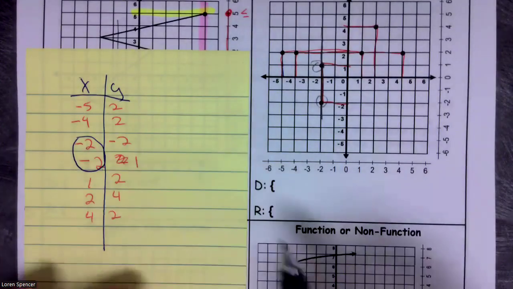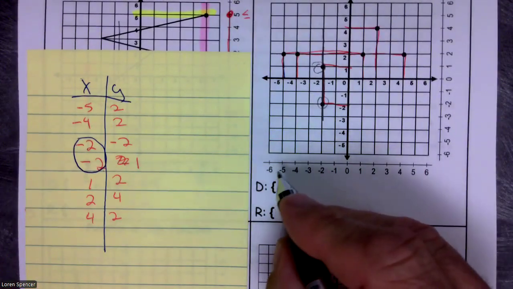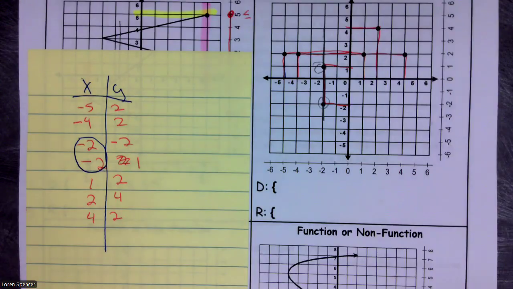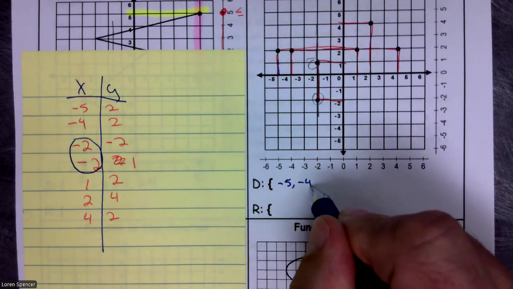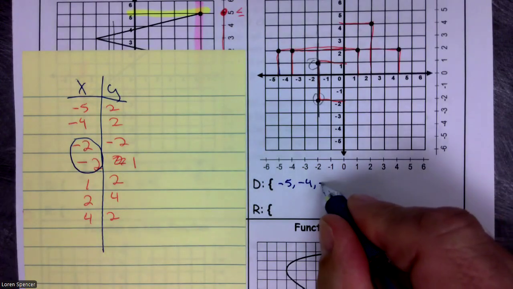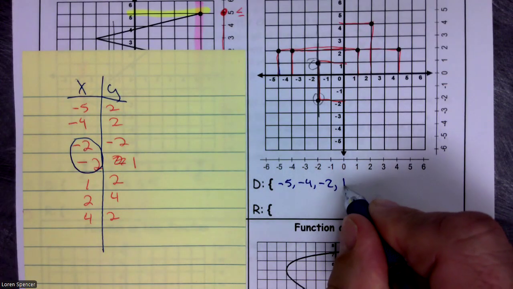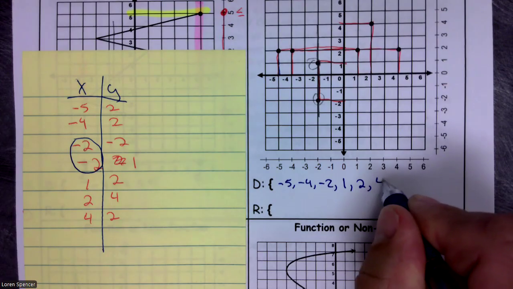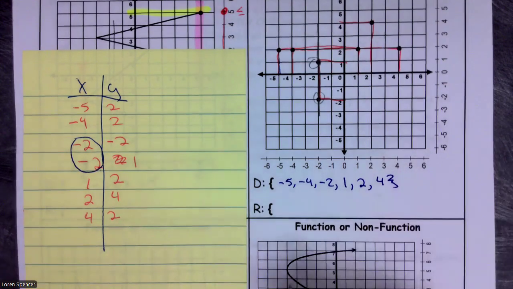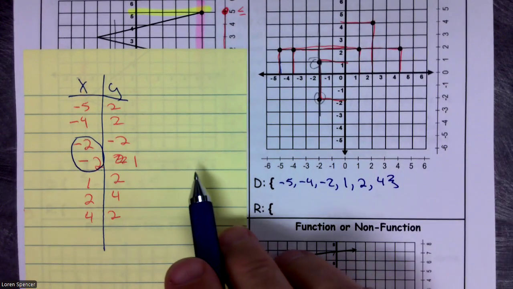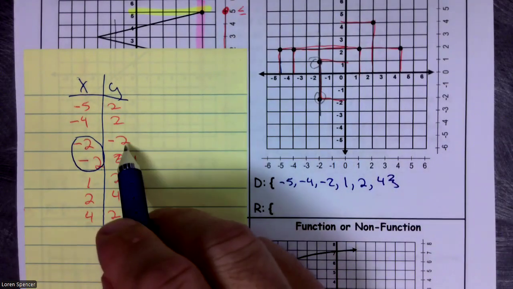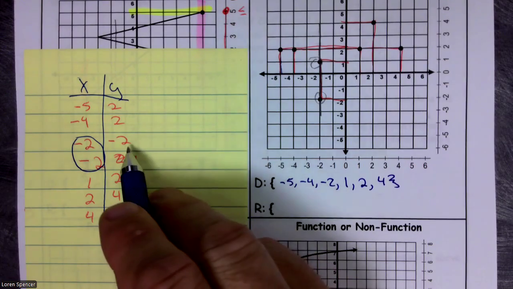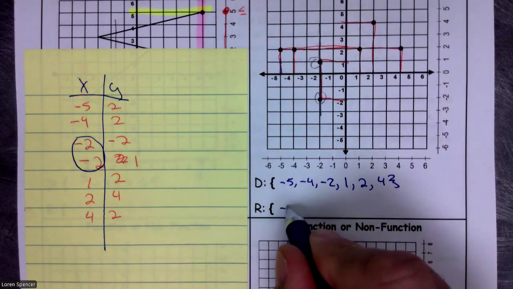All right, so we have our x's and our y's. Remember, domain is the x's. So my x values happen to be -5, -4. We don't write the repeat, so we just write it one time. And that's our domain. Our range, once again, we don't write the repeats, and we have to go in least to greatest. So our least one was -2.